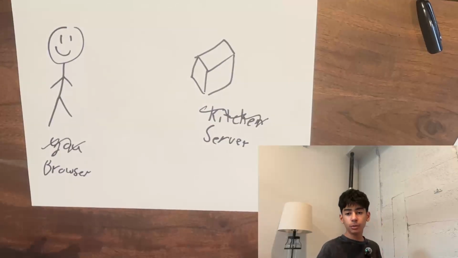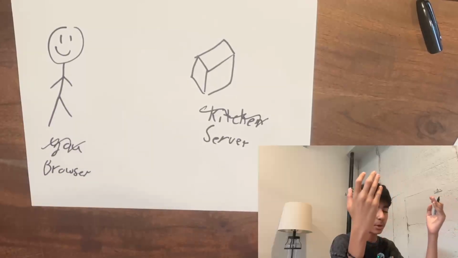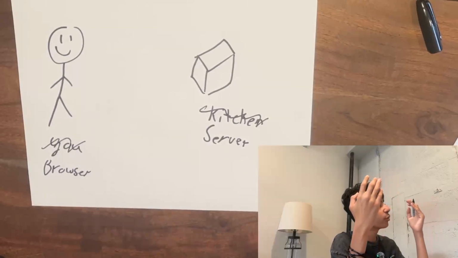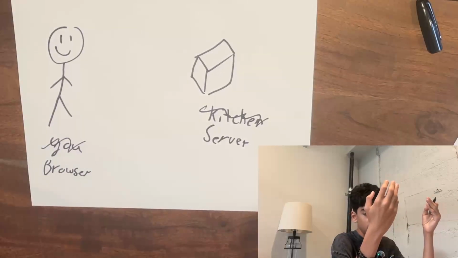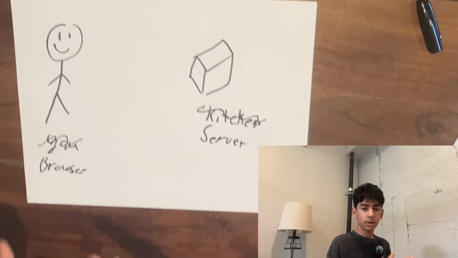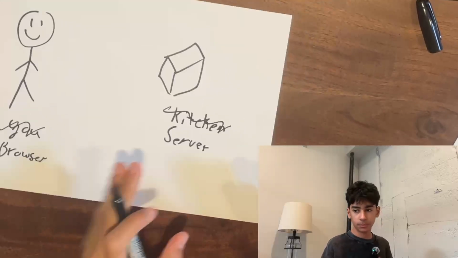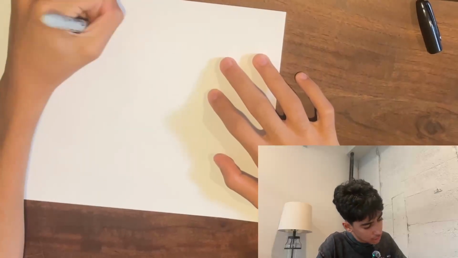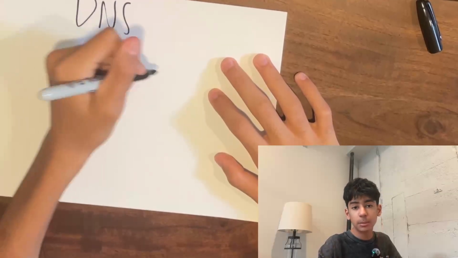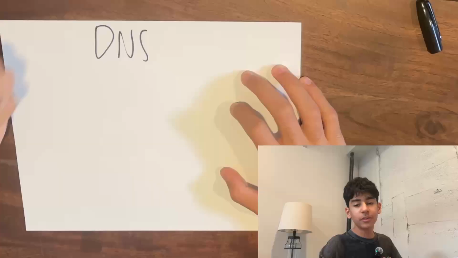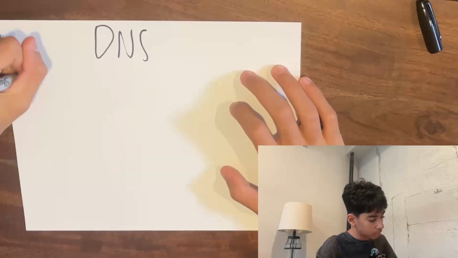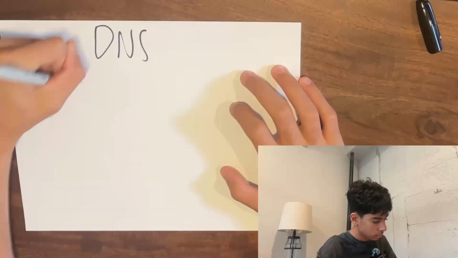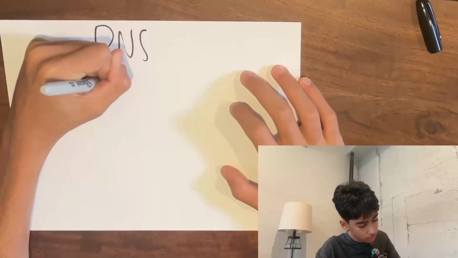The only issue is there's like millions of these servers around the world. So you start to get to the point where you're wondering, how does the browser know which server to go to? And this is what's called DNS, or Domain Name Service. What happens is you type in a domain, for example, google.com.